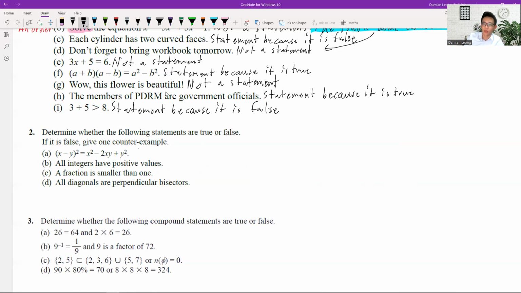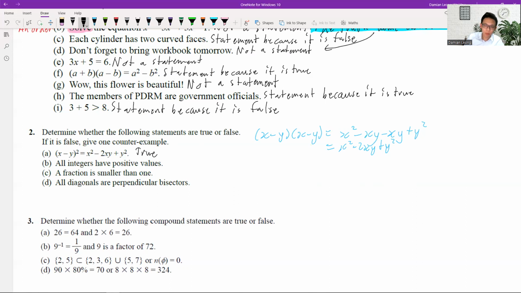So this is true. x times x is x squared, x times negative y is minus xy, negative y times x is minus xy, negative y times negative y is plus y squared. So x squared minus 2xy plus y squared, which you can see is correct.